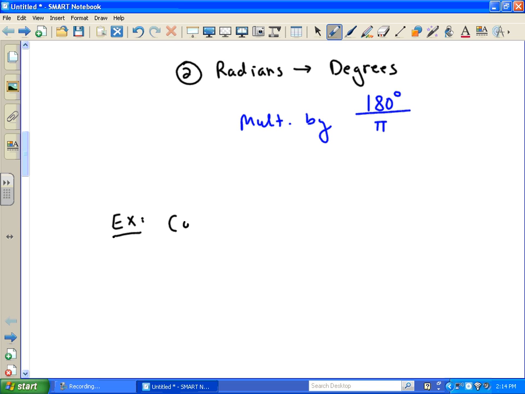Okay, let's do two problems like this. First of all, let's say we want to convert, and let's pick something halfway decent as far as a number, 140 degrees to radians.